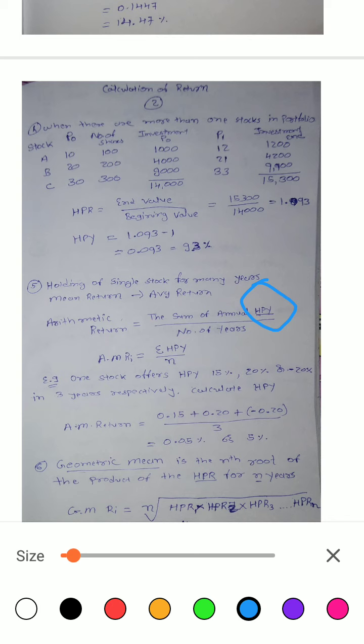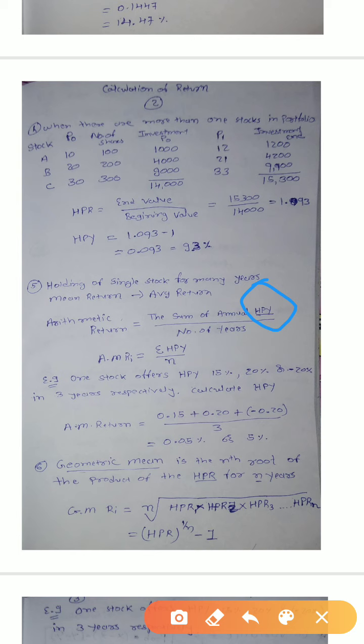Let us understand with a simple example. There is one stock which offers a holding period yield, that is a return, of 15% in the first year, 20% in the second year, and in the third year it offers minus 20%. So what is the average percentage offered by this stock?